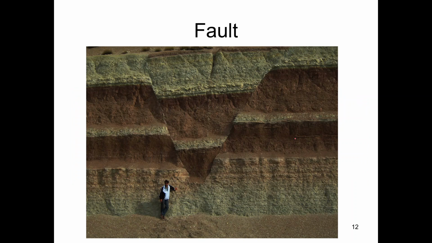We call it a joint. So this is very clear. See, this is another line, a weak plane. You can see this bedding plane should be continuous, but now it drops a bit here. So we call this a normal fault. It drops down.